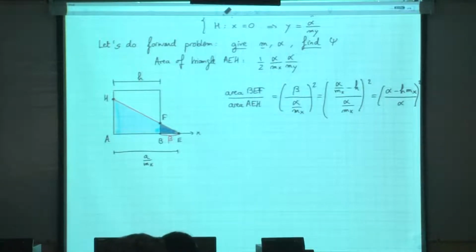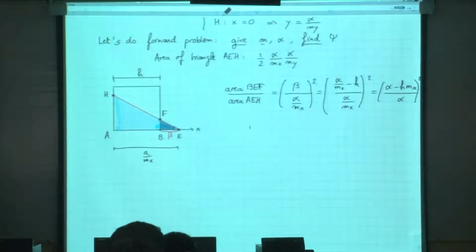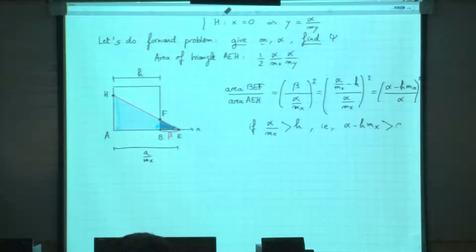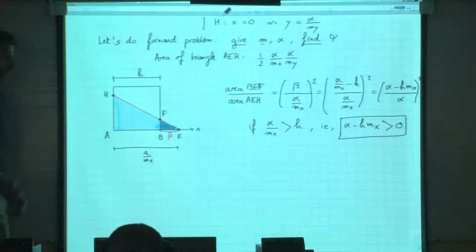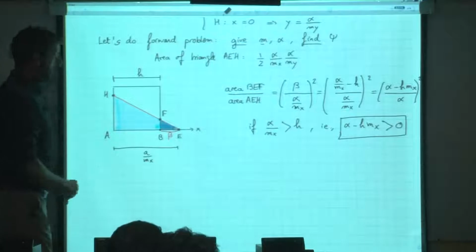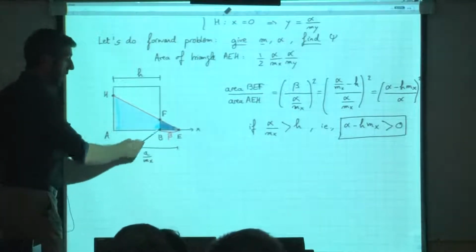So that's my correction. When do I need that correction? Well, I need that correction if alpha over m sub x is larger than my cell size, i.e. alpha minus h m_x is larger than 0. Okay, that takes care of that case.